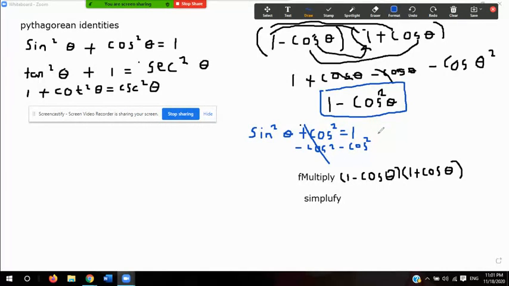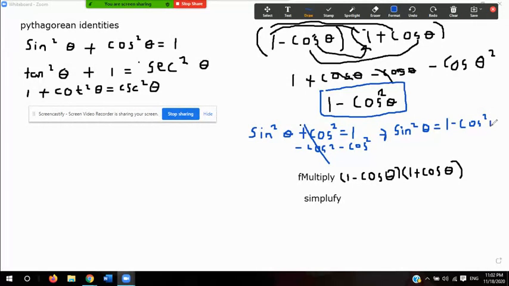So this cancels out, and if I solve it for sine, the answer is that the sine squared of theta equals 1 minus the cosine squared of theta.